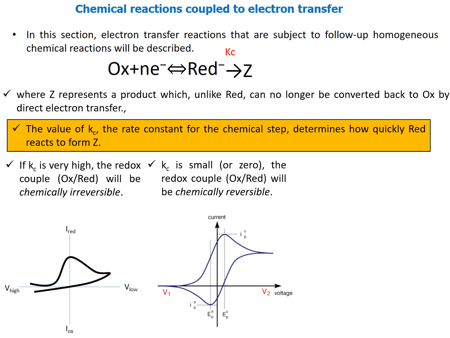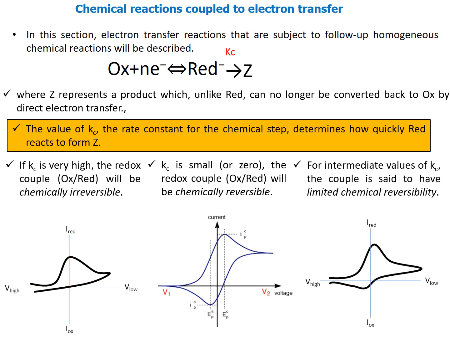Now, it will depend on the value of the rate constant. If the rate constant value is too small, then it will be a completely reversible process. If the value is small, then it will be close to a chemically reversible process.